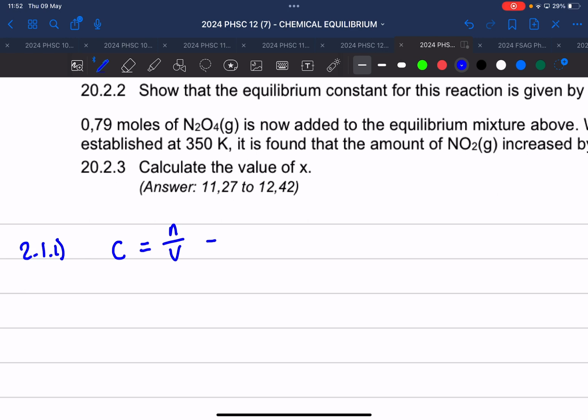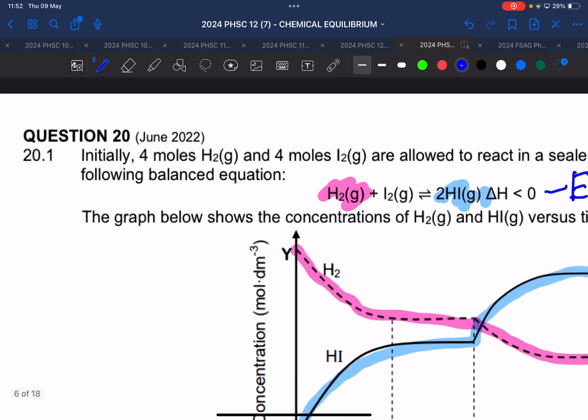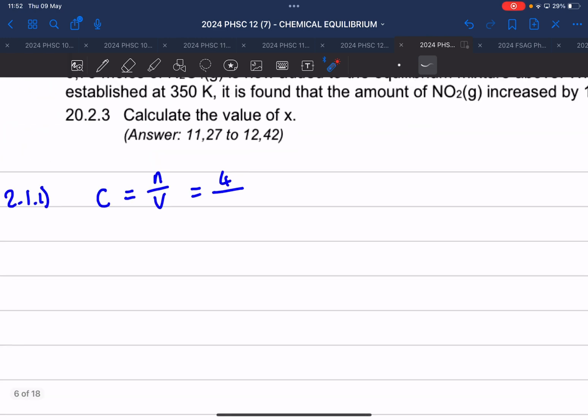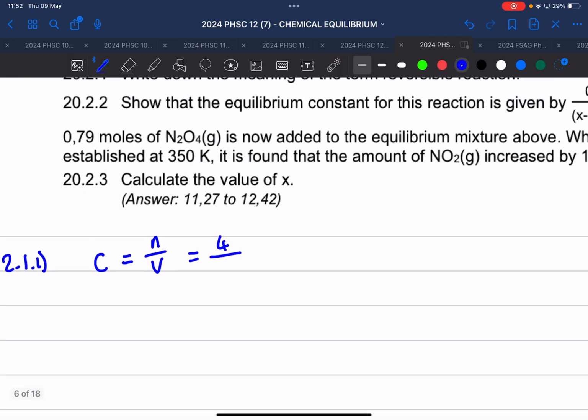We know our moles, they give it to us as 4. And the volume they also give us. As we can see, hydrogen gas is a gas, so it's going to fill this volume up completely. So volume is 2 cubic decimeters. So we have a concentration of 2 moles per cubic decimeter.